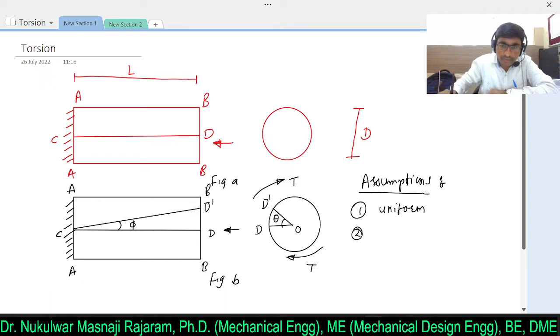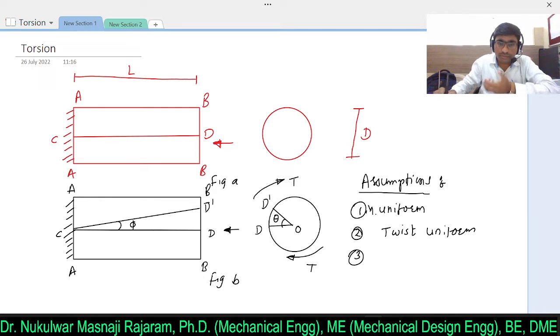Next, the twist must be uniform along the shaft. So twist must be uniform, material must be uniform. Clear?